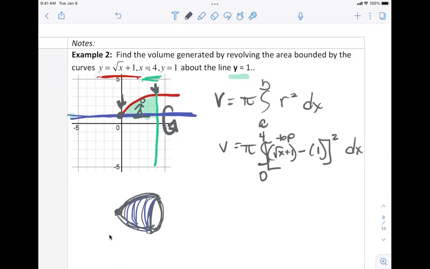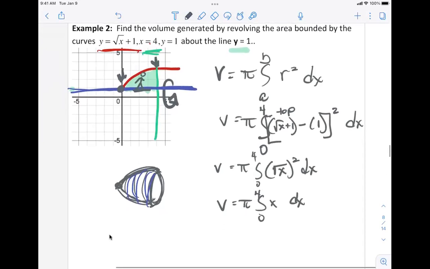So if I clean this up for you a little bit, I've got pi from 0 to 4. Square root of x plus 1 minus 1, that's the square root of x. Quantity squared, dx. Well, what happens when you square a square root? It's just x again. So x dx. Now, again, you're completely capable of doing this by hand with the fundamental theorem of calculus, but I think we're all ready for math 9.